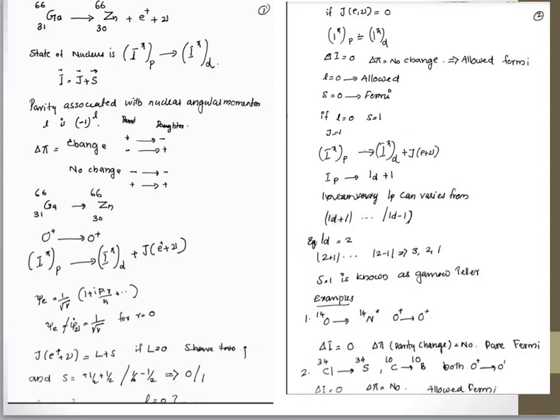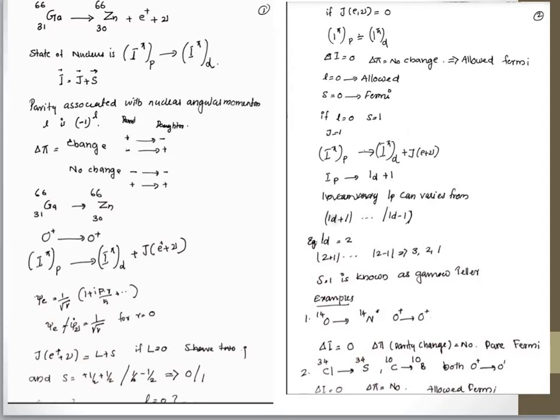Let us examine a decay process. Gallium 31-66 is converted into zinc 30-66 with positron emission along with a neutrino. So this is the nuclear state of the parent nucleus.